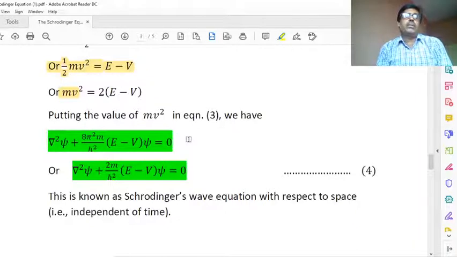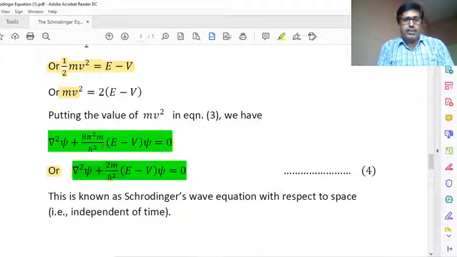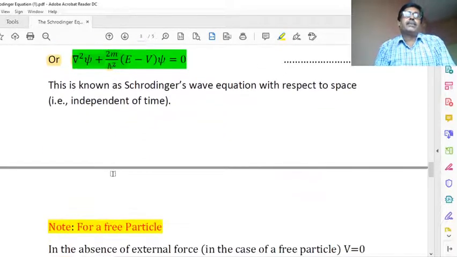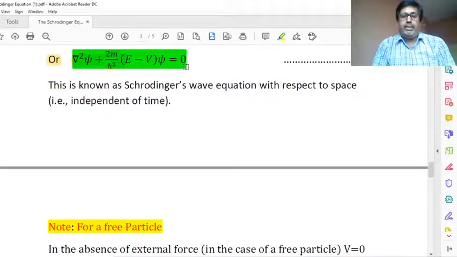If you write in simple Planck constant h, the equation will be this one; both are same. The difference is that here h is Planck constant, here h cross is reduced Planck constant. So this is the equation known as Schrodinger wave equation, and here it does not involve time, so it is called Schrodinger time independent equation.